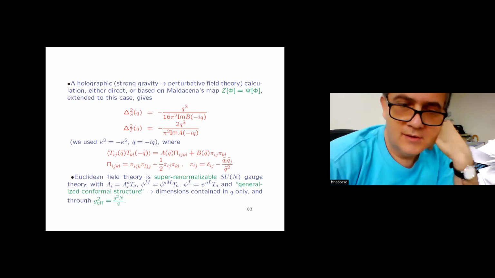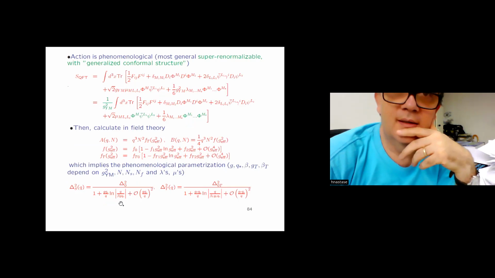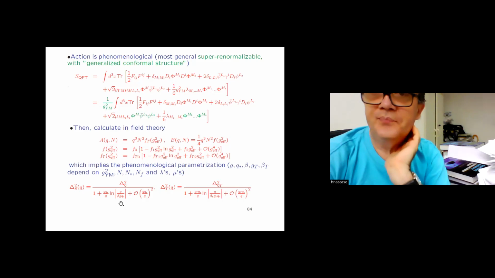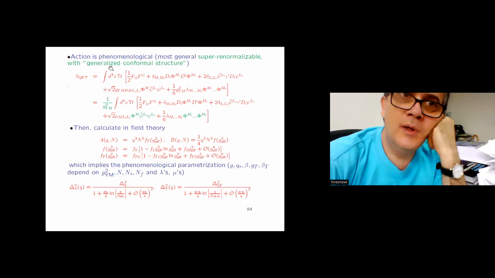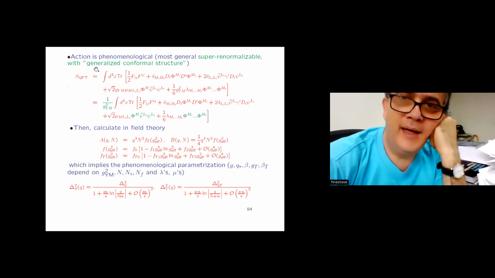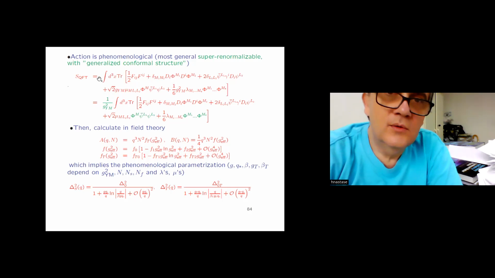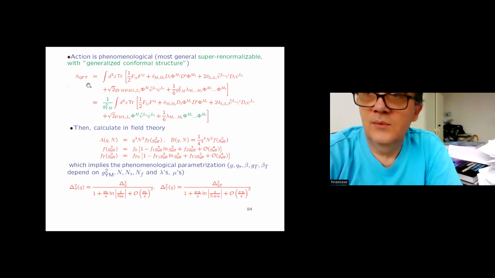So if we write the action, it will be a phenomenological one. So I write the most general theory that has these two properties of being super renormalizable and having generalized conformal structure. So for the QFT, I write then what? Well, I have to write, as usual, spins up to 1, which means scalars, fermions, and gauge fields.